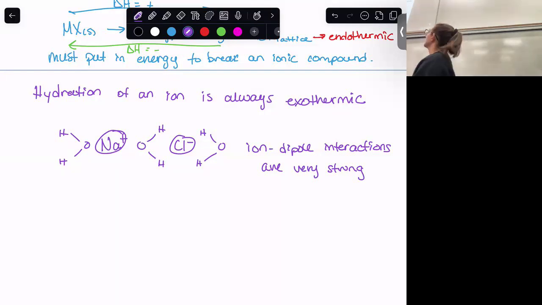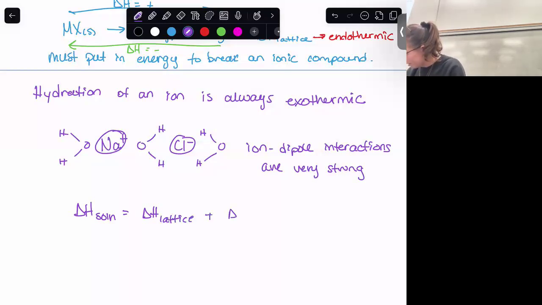So if we have a process that's going to increase our delta H, but then a process that decreases our delta H, we can combine those together and we can say that the delta H of solution is equal to the delta H of, what did we just call it? Lattice, plus the delta H of hydration of ion.